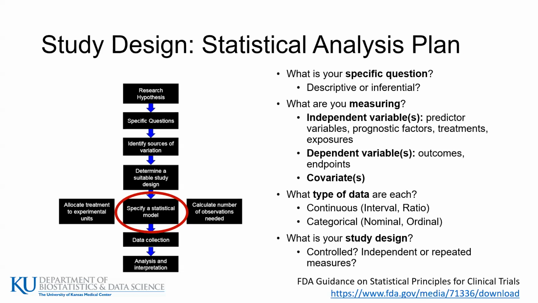And so once we have a suitable study design, only then can we apply the statistical method. So in this part of the process, we also want to determine the number of observations that we want to take from the population. So this is dependent on, one, the statistical model, but also what resources are available.